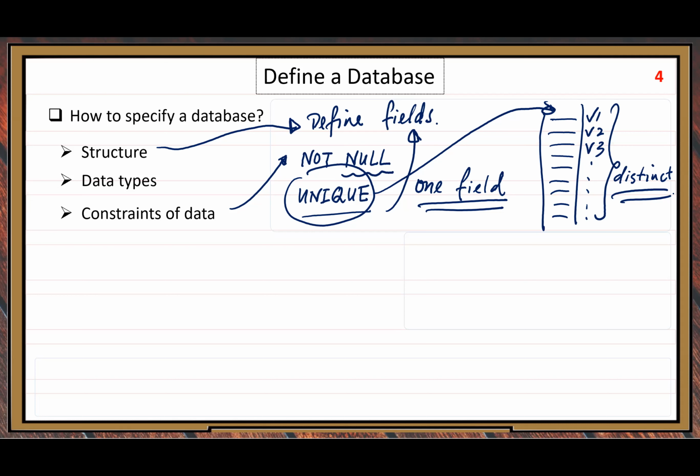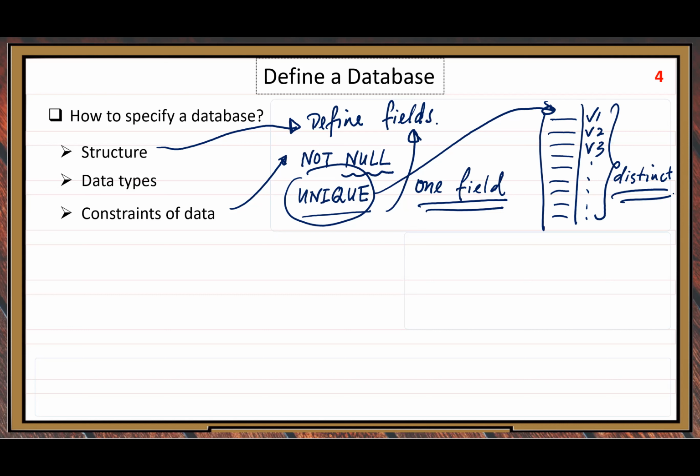So we need to put several different constraints on our data. Although there are many more, after that we define one table completely. That's just for one table.